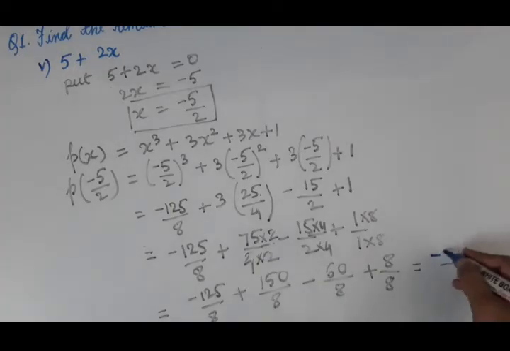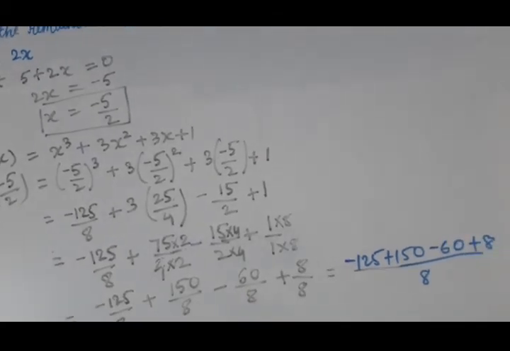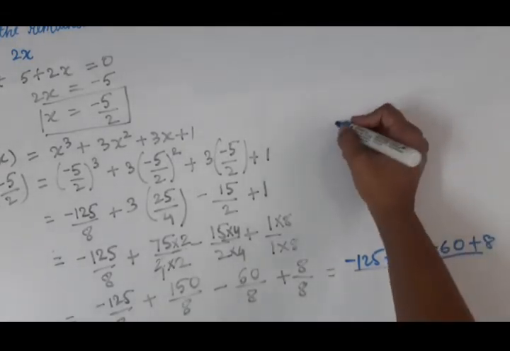So it will be minus 125 plus 150 minus 60 plus 8 divided by 8.